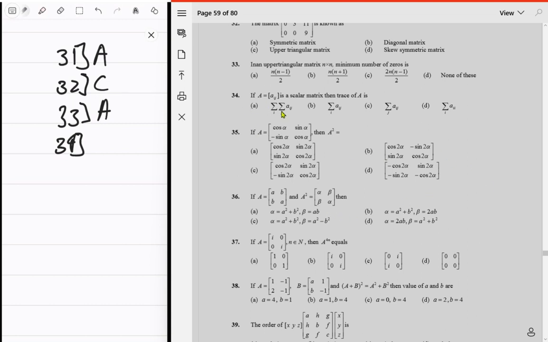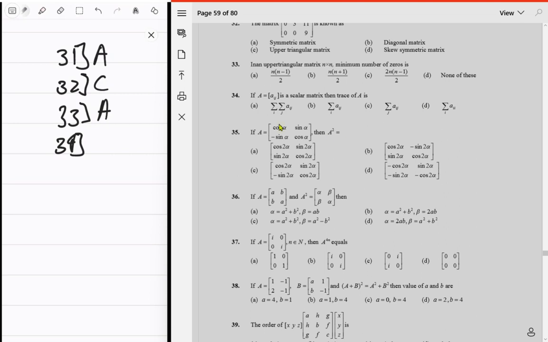So yes, A is correct because it's a scalar matrix. B, summation along i. Wait, but you don't know what j is, so what do you mean by this summation actually? I don't know what that means. Okay, just along j.